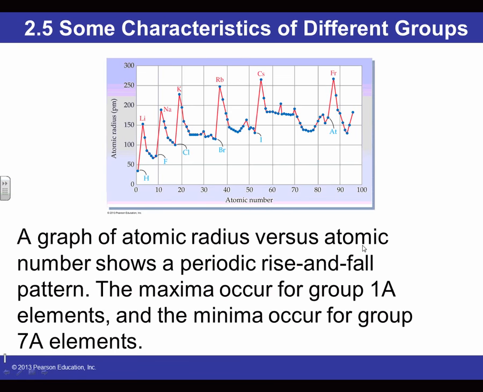And so the graph above actually shows the relationship between the atomic radius of each element going through the periodic table. And I don't know if you're seeing the trend, but as one travels from hydrogen to lithium, the atomic radius increases, then it decreases going down to fluorine, and then jumps back up to sodium.